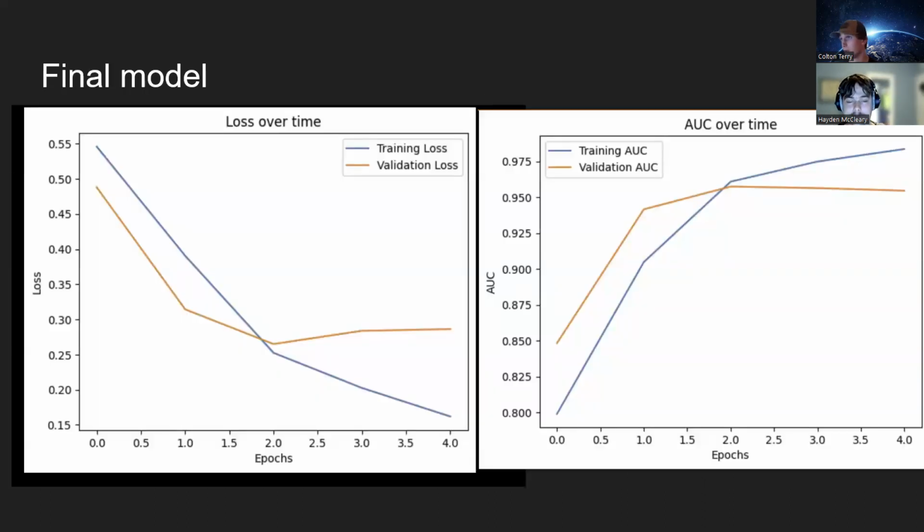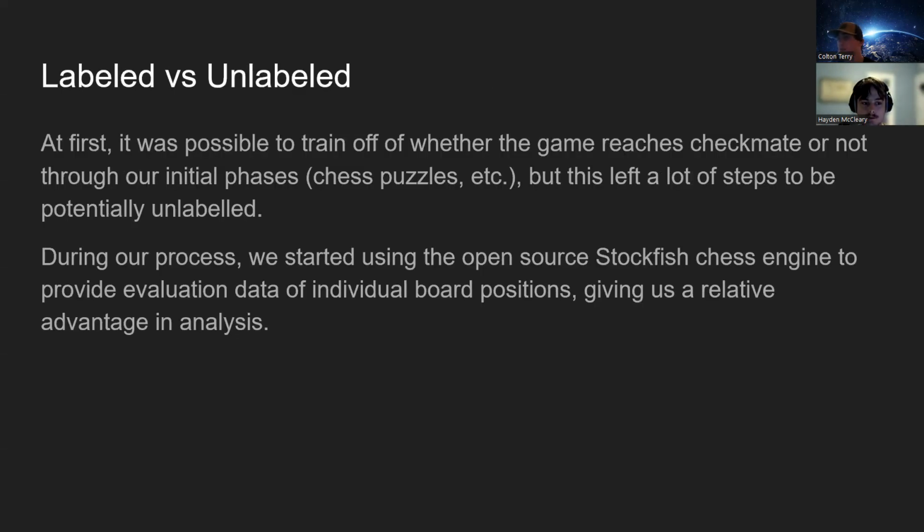And then here's our final model for loss over time, training and validation. It looks a lot better. Labeled versus unlabeled: at first we were using a lot of labeled data, and eventually we realized we should probably use unlabeled data for it to figure out better how to play against Stockfish and other players and endure longer games, versus the chess puzzles, which were short games of 1 to 6 moves.